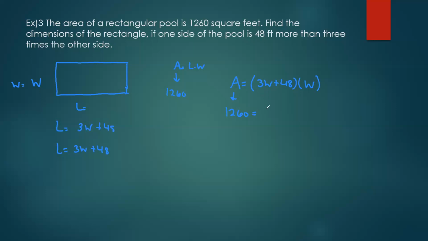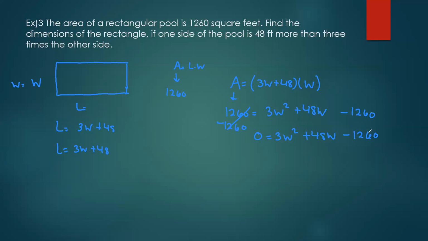So this would be 3w squared plus 48w. Okay, and then I'm going to solve for w, so I have to get one side 0 because I'm going to most likely factor. So subtract 1260, subtract 1260. So I get 0 equals 3w squared plus 48w minus 1260.